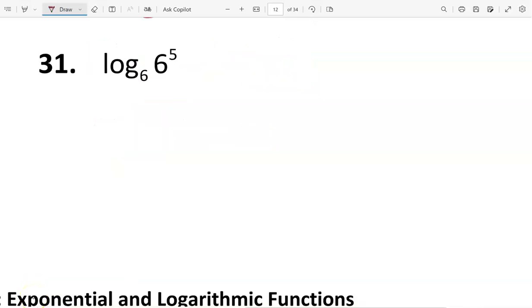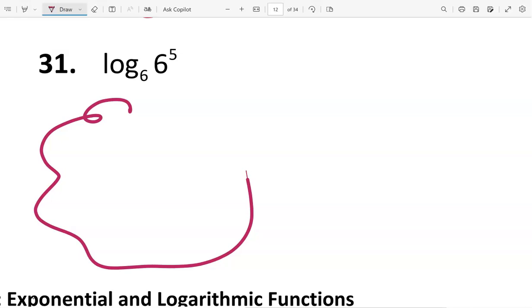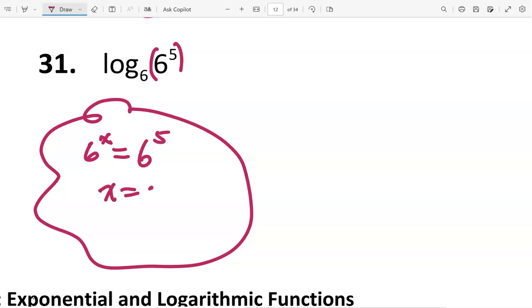In number 31, we have log base 6 of 6 to the 5th. So we need to be thinking base 6 raised to the x power is equal to that 6 to the 5th power. So x is 5. So this result is 5. Now that is also another inverse property, log base 6 of 6 to the 5. If the base of the logarithm and the base of the inside exponential match, then the result is just the exponent.